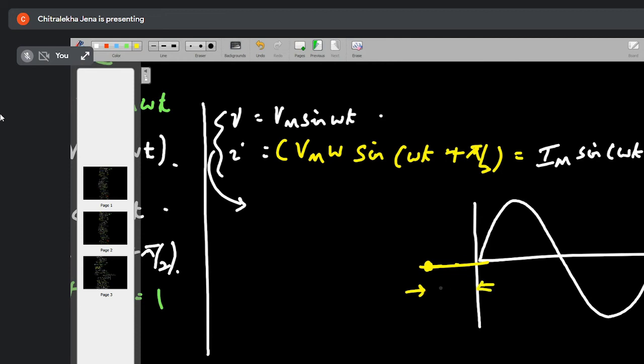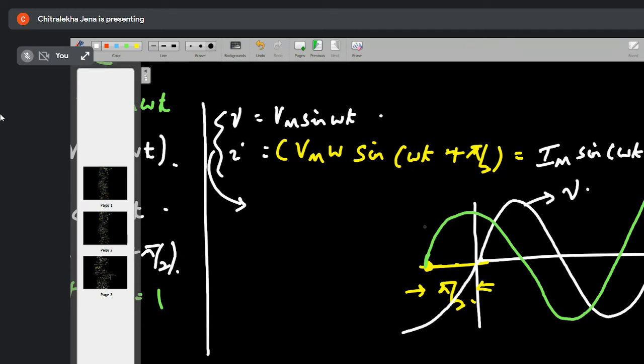So this is your pi by 2, and here the waveform of the current will start. Am I clear to all of you, or does anybody have a doubt? No doubt, ma'am. So this is the voltage graph and this is the current graph.